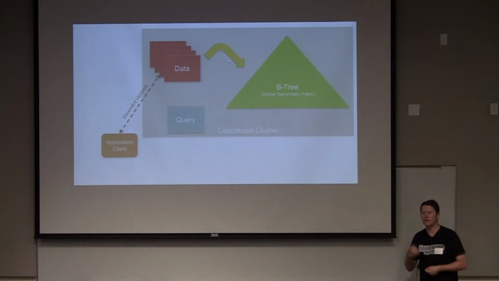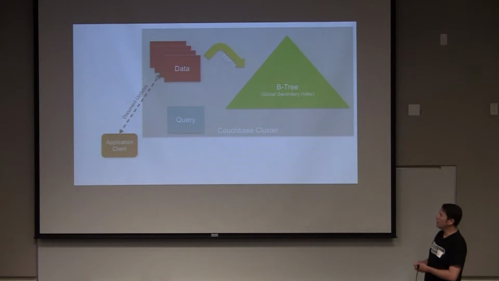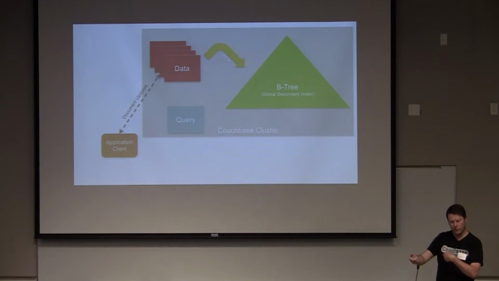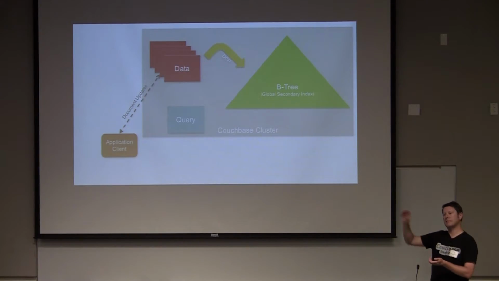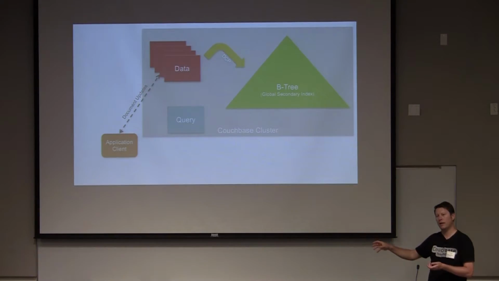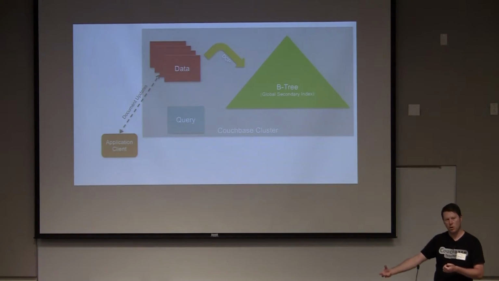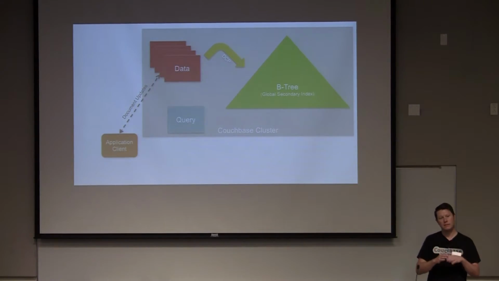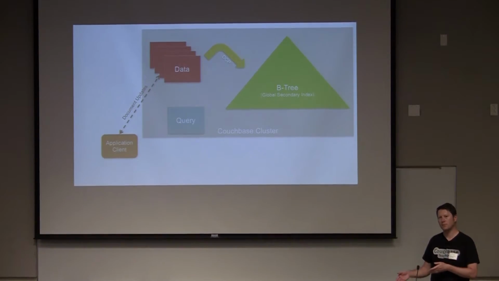secondary indexes. And the global secondary indexes, really what I'm demonstrating here is you can imagine that application client's interacting with the data, that's interacting with the individual data items, and then we use that same DCP feed that we have exposed through Spark to go build the indexes that are defined on the system. And we can store the indexes, instead of hash partition, we range partition them on different nodes of the cluster.